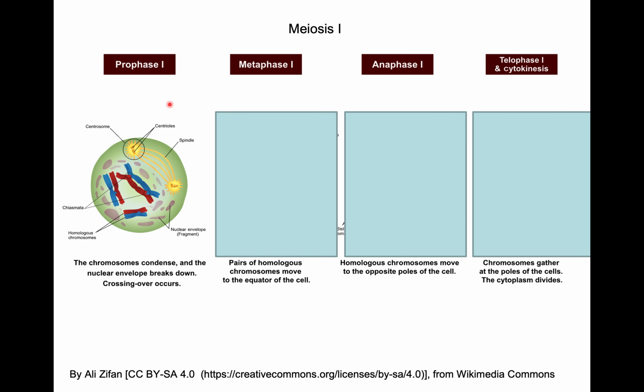So the first step after the interphase is basically meiosis 1. In meiosis 1 we're only going to talk about these 4 stages: prophase 1, metaphase 1, anaphase 1, telophase 1, and cytokinesis.